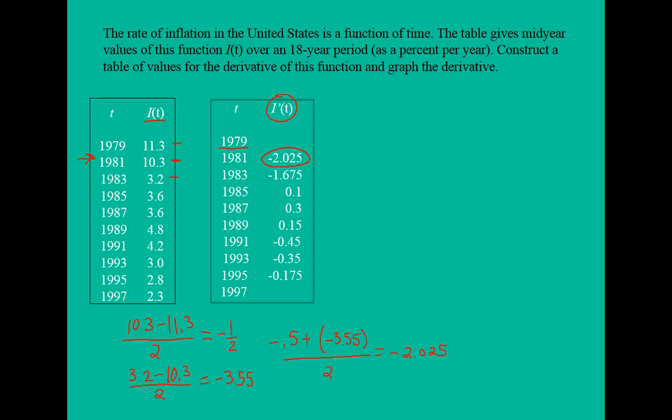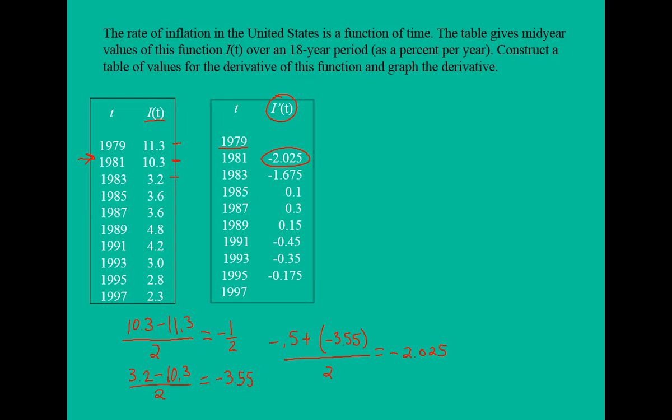If we had a value at 1977, it could have been up at 15, it could have been down at -5, I don't know where it was. So I wasn't able to calculate that year, or 1997. So that's where the table of values comes from for our derivative function.